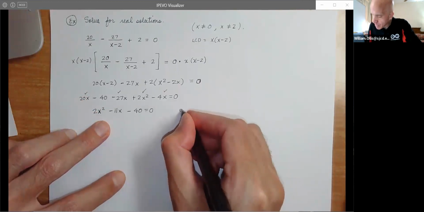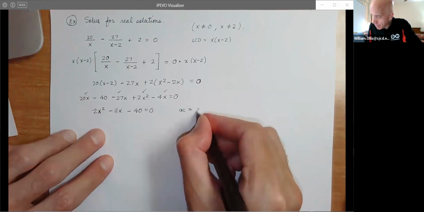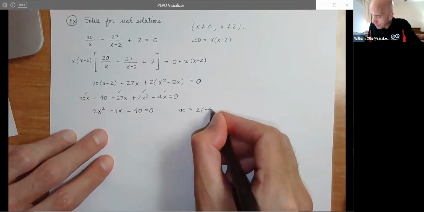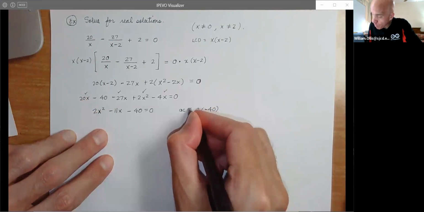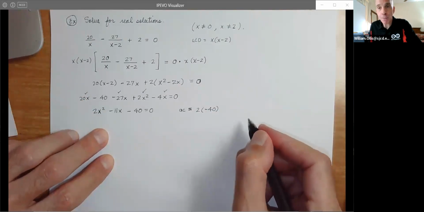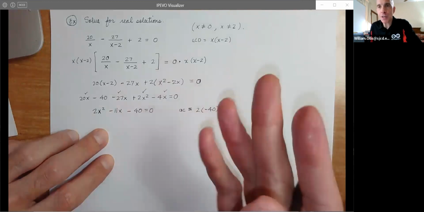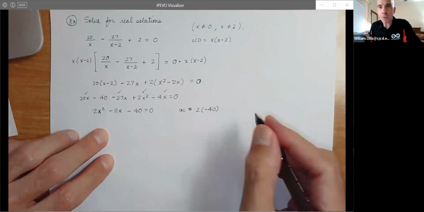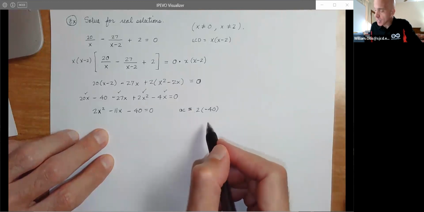So first, AC will be 2 times a negative 40. Now, you might be saying, since we have the quadratic formula, we could go ahead and look at b squared minus 4ac, and if that's a perfect square, then we know it factors. So now you have 2 ways to figure out if you have rational zeros. But it's always good to review the AC method.